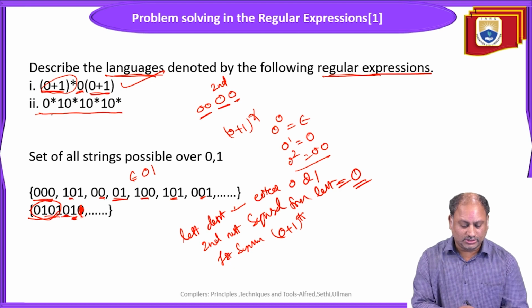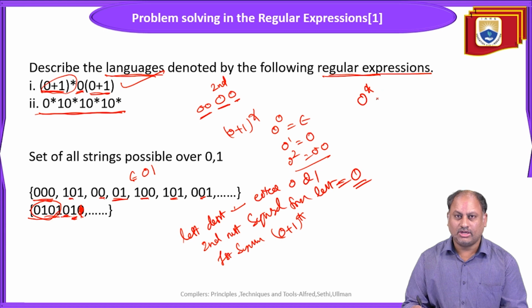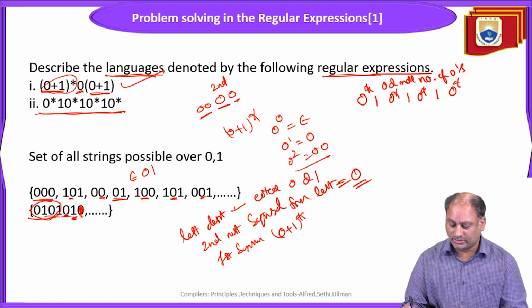Suppose we consider this one, 0 star, which is to be considered with any number of 0s or more, and 1 followed by 0 star, 1 followed by 0 star, 1 followed by 0 star.